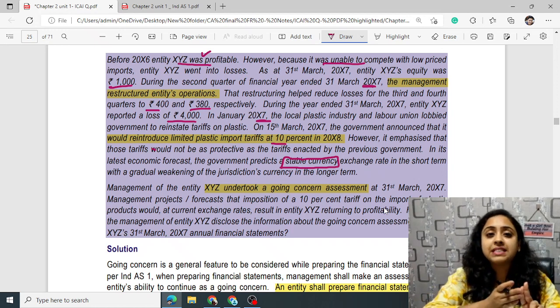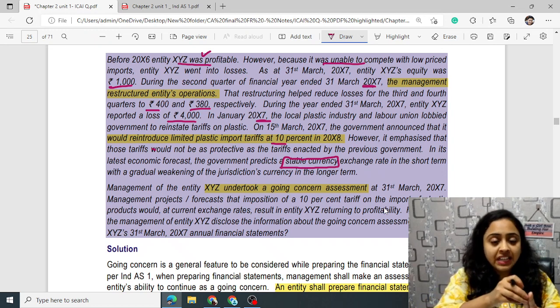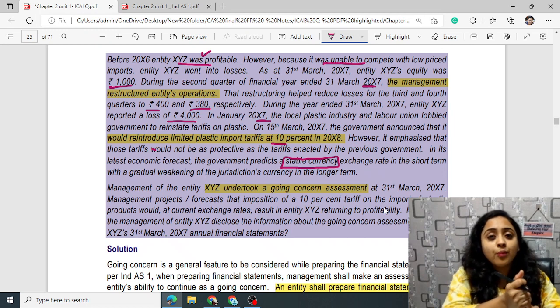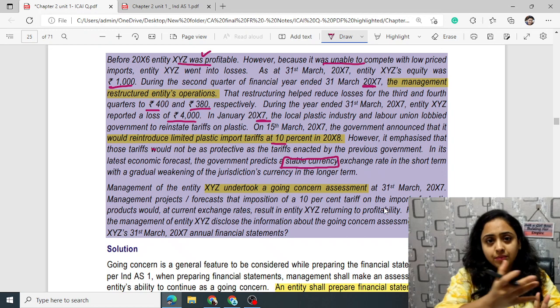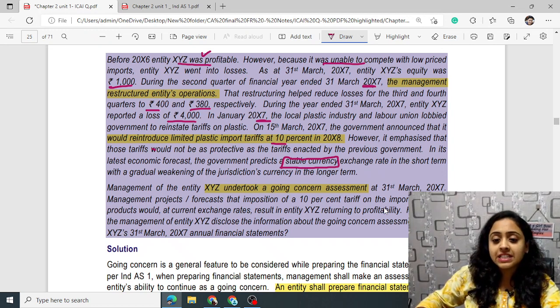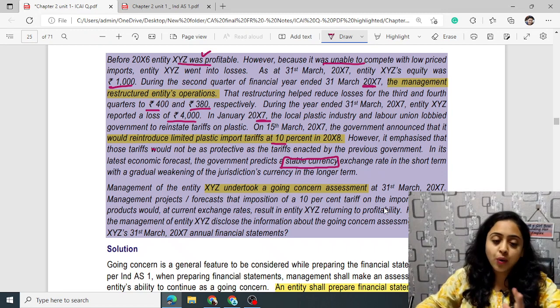Secondly, the country's currency is not weakening. It will have a stable currency, and that's how it will somewhat protect XYZ from being shut down. Okay, you get this case? The currency is expected to be stable in the short term, with a gradual weakening of the jurisdiction currency in the longer term.